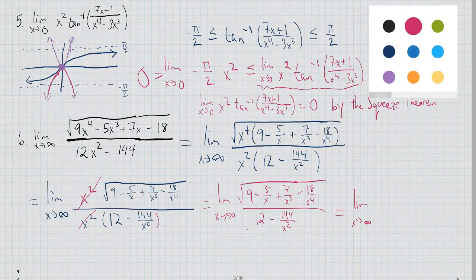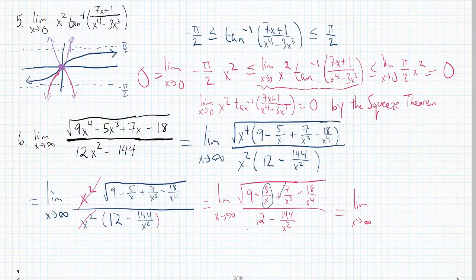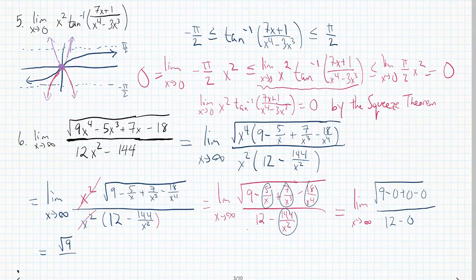So the pieces that are going to 0 are this piece, this piece, this piece, and this piece. All those are going to 0. So what you're left with is the square root of 9 minus 0 plus 0 minus 0. And down below you're left with 12 minus 0. So notice that makes us have square root of 9 over 12, which is 3 over 12, which reduces to 1/4.